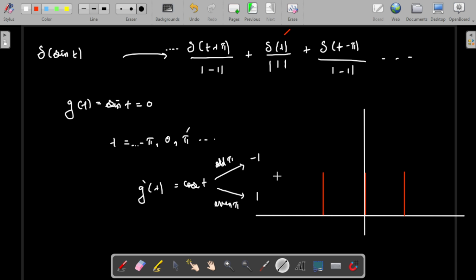Like that it will go in both directions up to infinity. We know sine is the entire graph. Like this we can draw an impulse function for any function inside the impulse. So this is t, this is 0, this is pi, this is 2 pi, minus pi, minus 2 pi. This function we call delta of sine t.